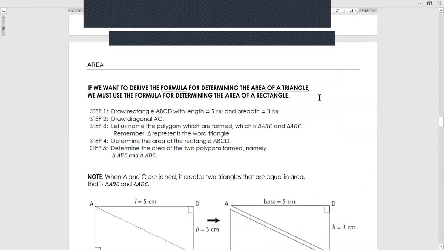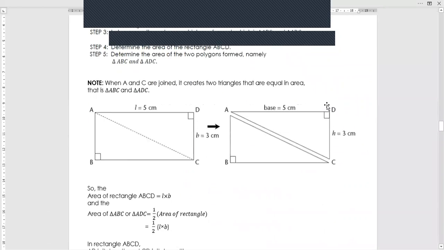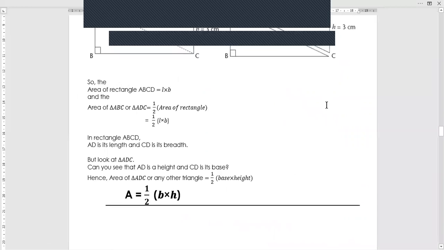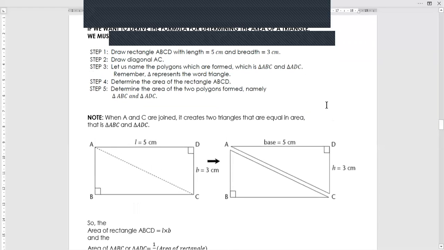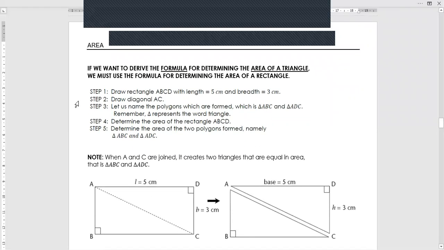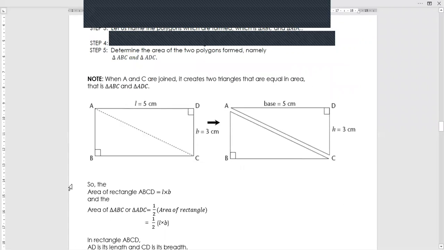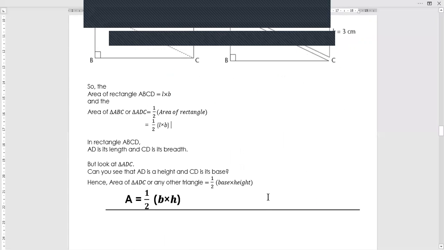So this is basically just describing to you how do you get the formula for the area of a triangle. I told them to write that down in their books for me. So this is basically a step-by-step way to show you how to draw it. And then it explains to you how you get the answer, which I will explain in the next video.